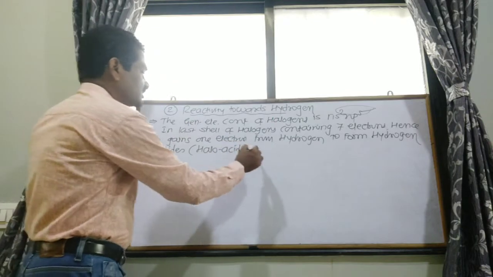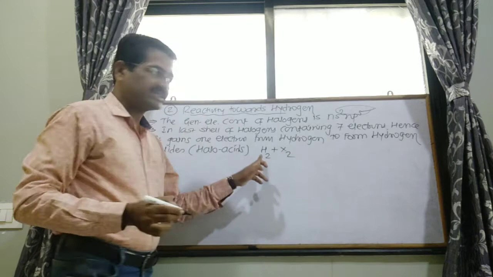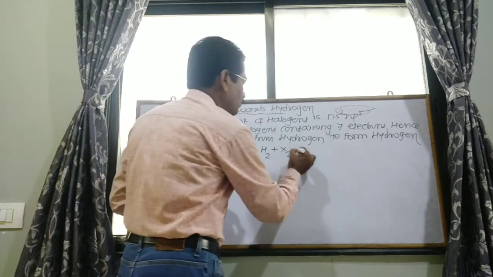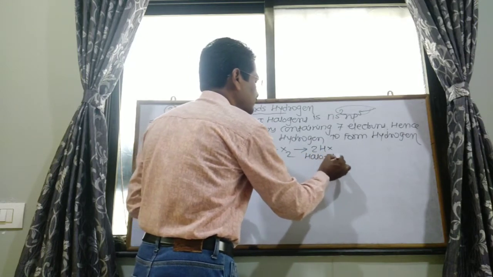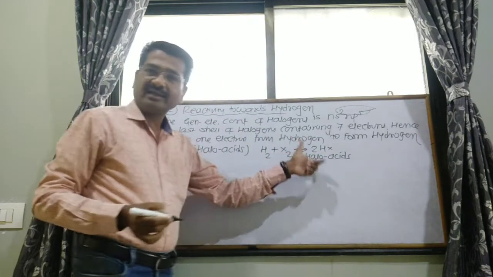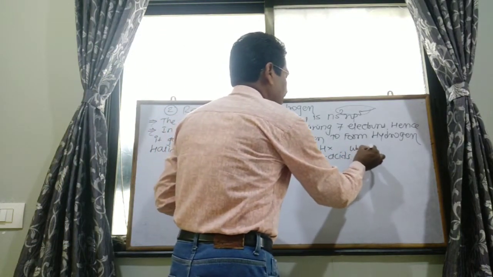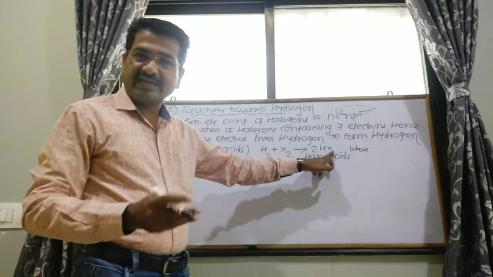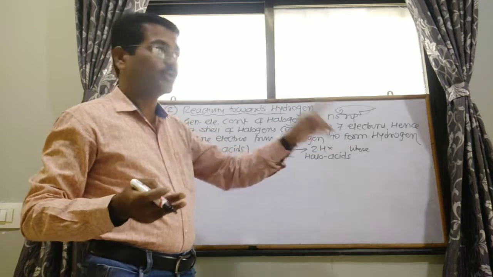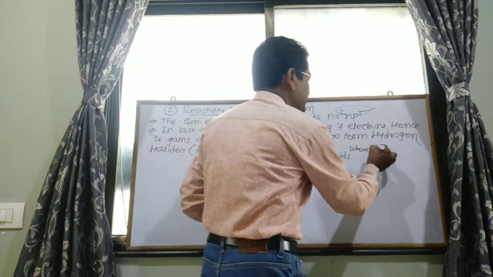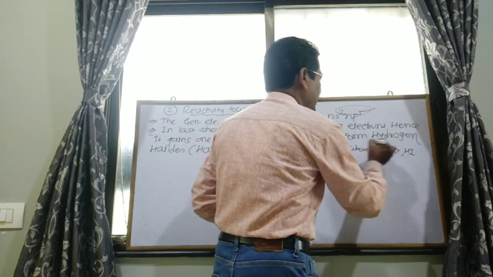How are they formed? Suppose H2 combines with X2, that is hydrogen and halogen, to form 2HX. These are called haloacids or hydrogen halides, where the halogens can be fluorine, chlorine, bromine or iodine, giving the haloacids HF, HCl, HBr or HI.